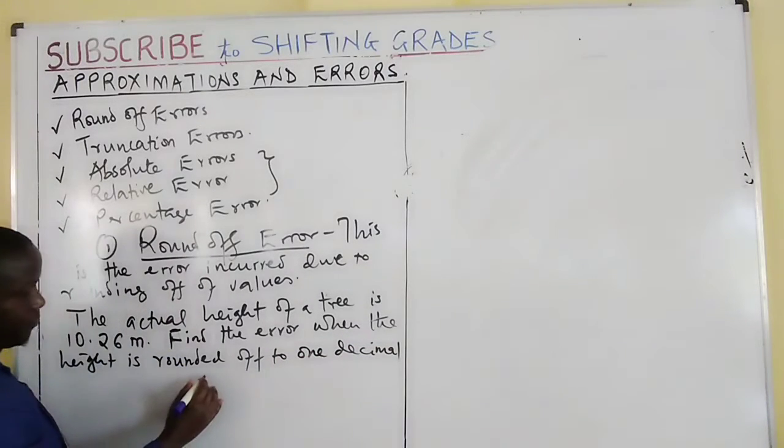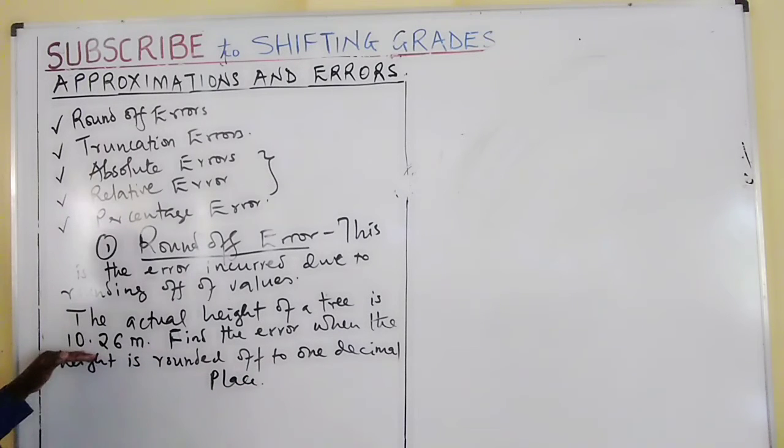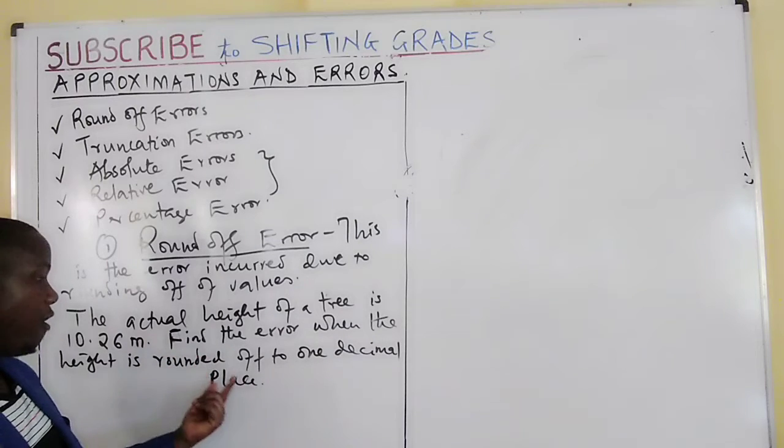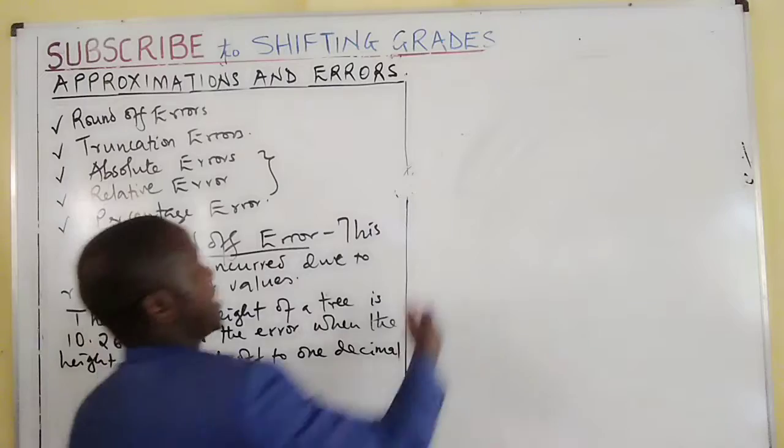The height of a tree is 10.26, then it is rounded off to 1 decimal place. Find the error.